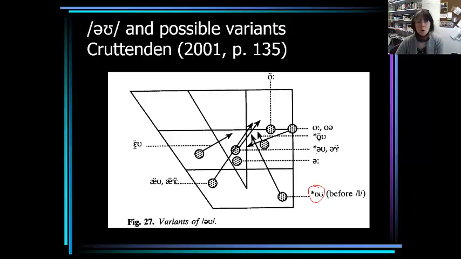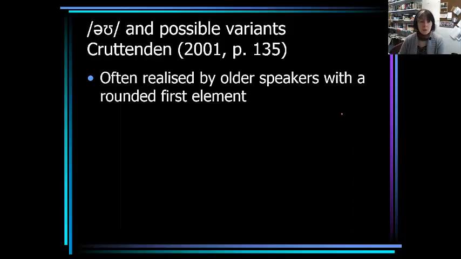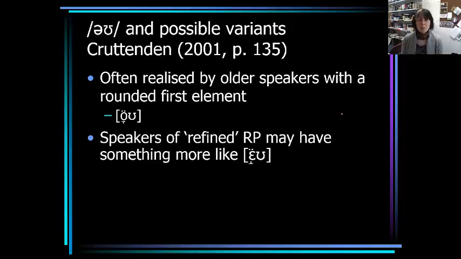And then we've got another, so you might get this in the far north, for example, and then you get another, that sort of thing going on. So lots of different productions of this vowel, and we can indicate them all with diacritics. This vowel is often realised by older speakers with a rounded first element, and speakers of refined RP may have something more like this.